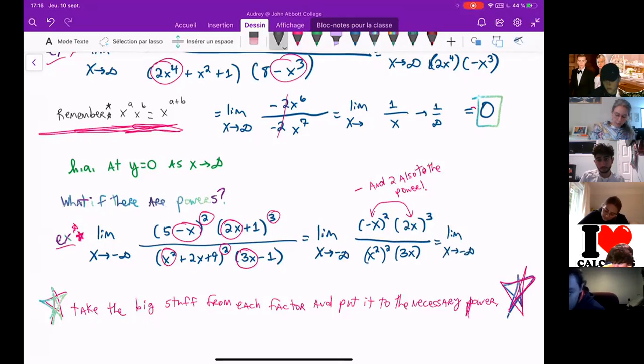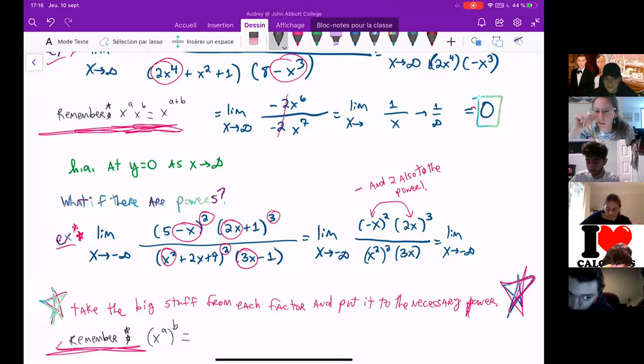And I'm going to remind us of another algebra rule here. If I have x to the power of a all to the power of b, what's that? X to the power ab. You got it. So I'm going to multiply those things together.